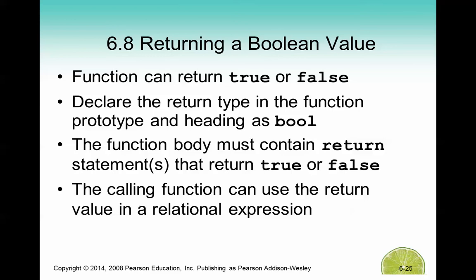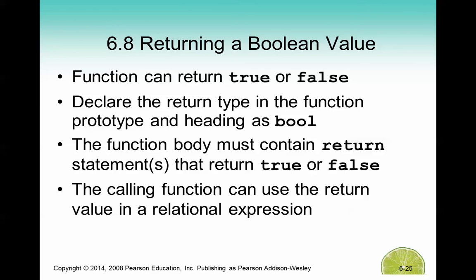So in my prototype as well as my function header, I have to start that line with the keyword bool, and then, of course, the name of the function. Then we open the parentheses and enclose the parameters. So when we return inside the function, we're going to use either the keyword true or the keyword false.